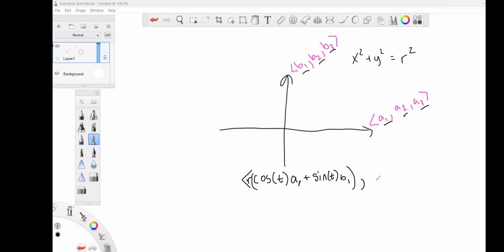And then I repeat that same thing, cosine in the direction of A2 and sine in the direction of B2, and so on for that last coordinate. So that was how I finally got the parameterization of a circle through those 2 points.